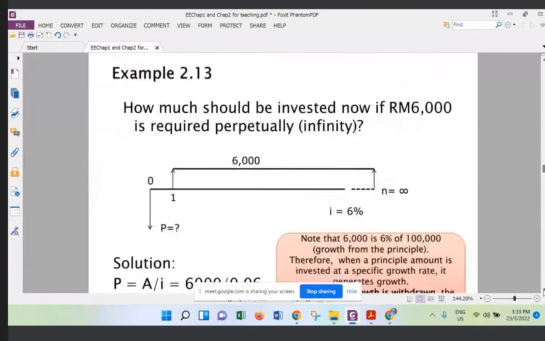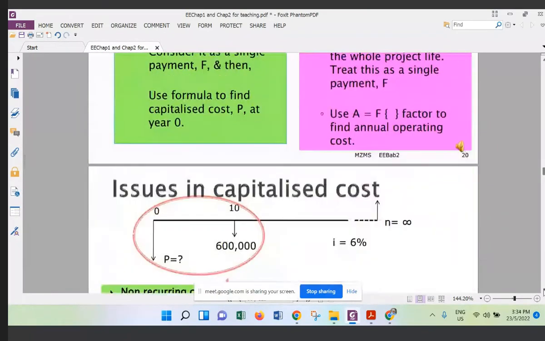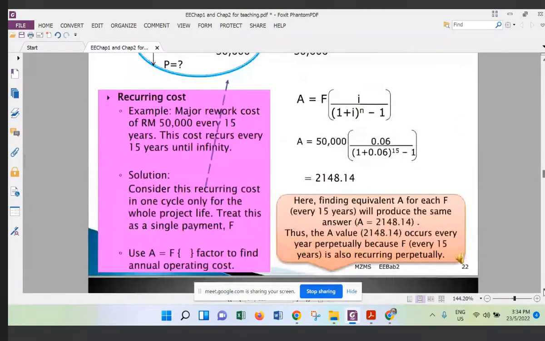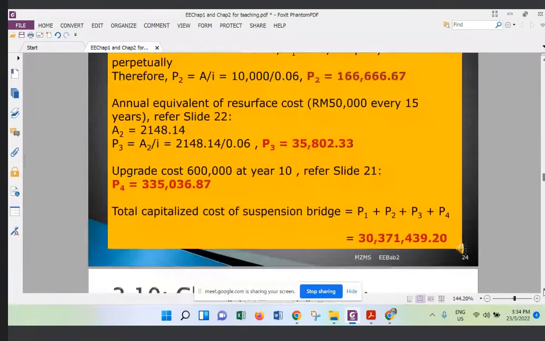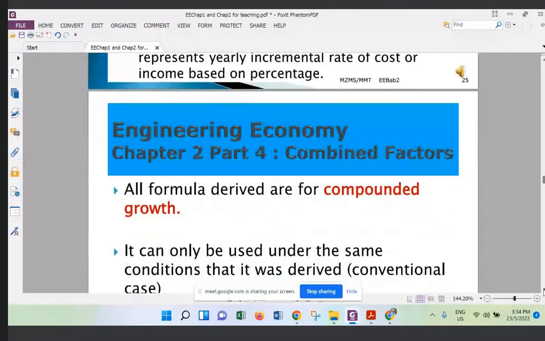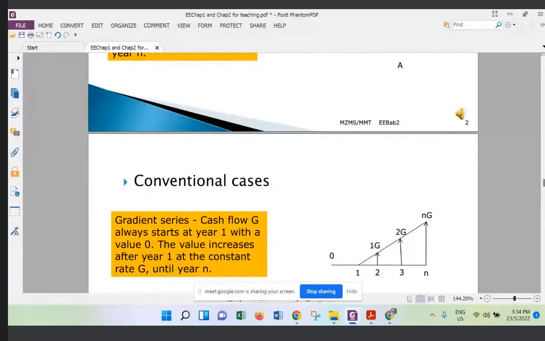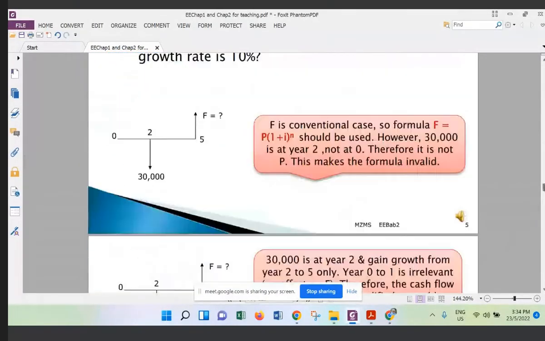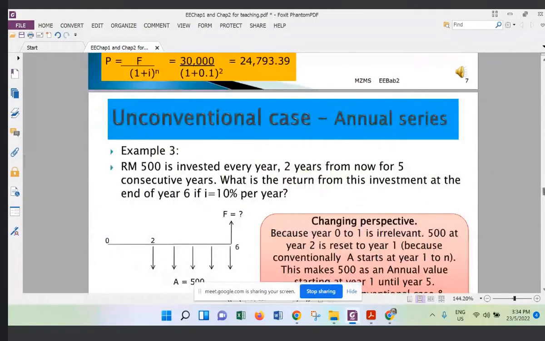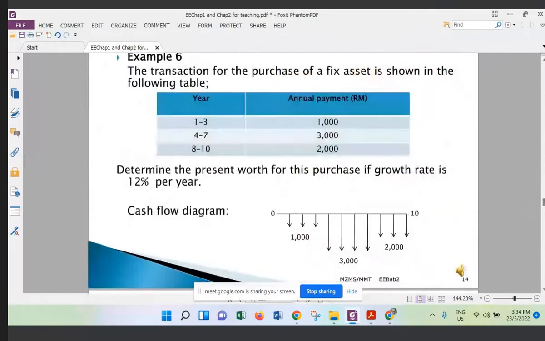Then we proceed to the next one, the combined factor. We have completed all the combined factor.